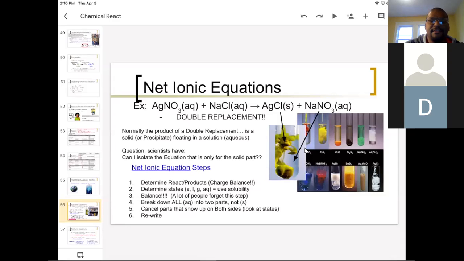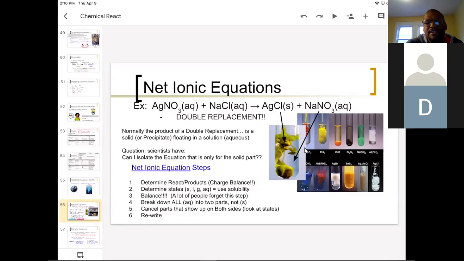They can make it themselves. This would give people the ability to pretty much make anything they want if they can isolate that equation. In order to do that, they need to create something called the net ionic equation.